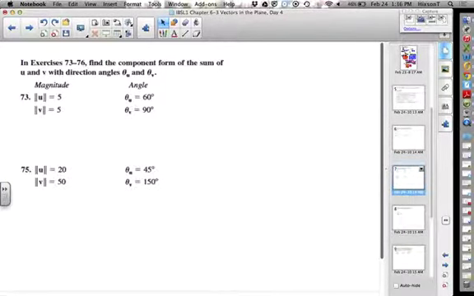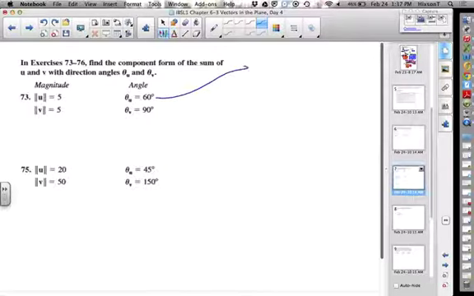Now this is asking for the component form of the sum. So this actually is just like the problem we just did. They just gave us the angles and magnitudes that we wanted. It's so much easier this way. Things are just given a little more explicitly.